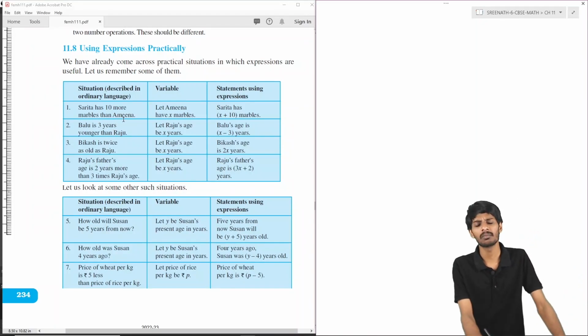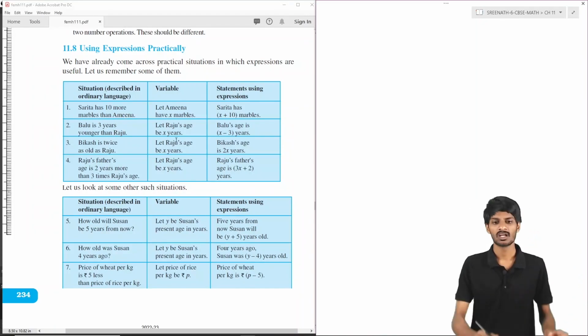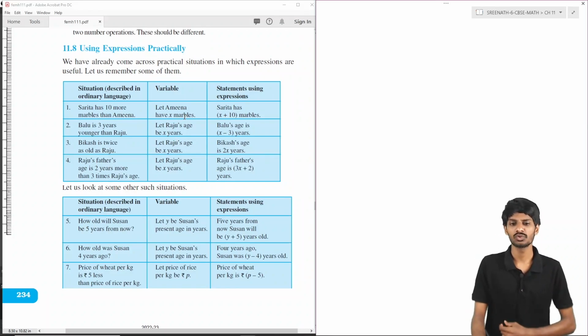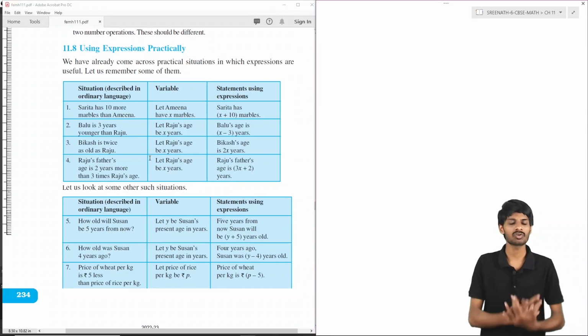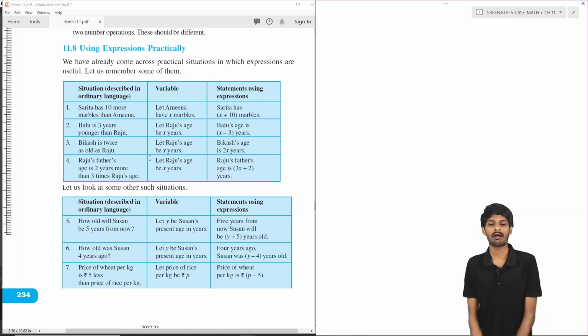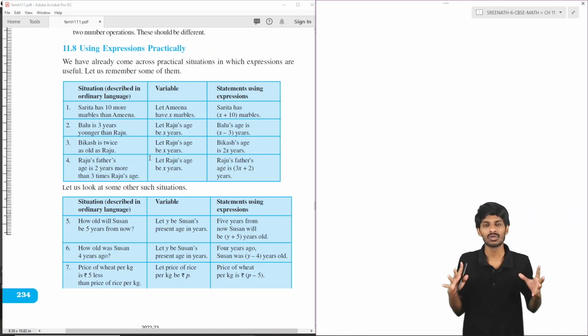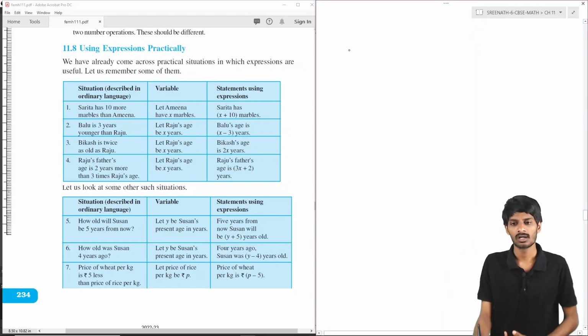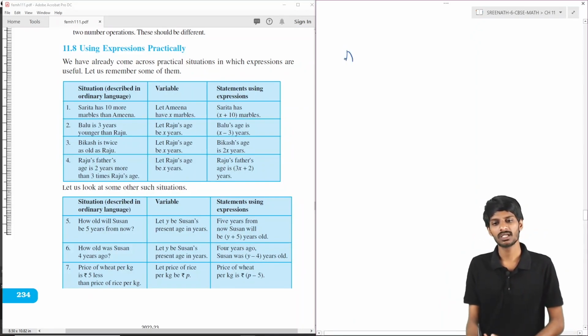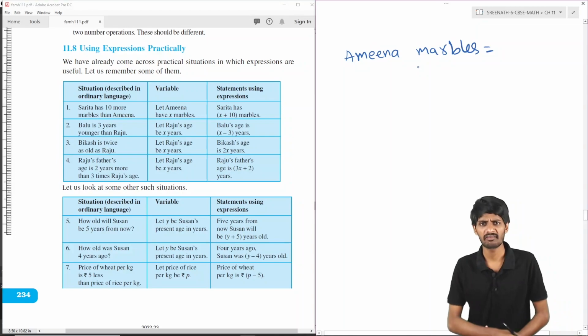Then how many marbles is Amina having? We don't know. Whenever there is an unknown quantity, we have to take it as a variable. If you don't know the value, then take it as a variable. How many marbles is Amina having? We don't know.